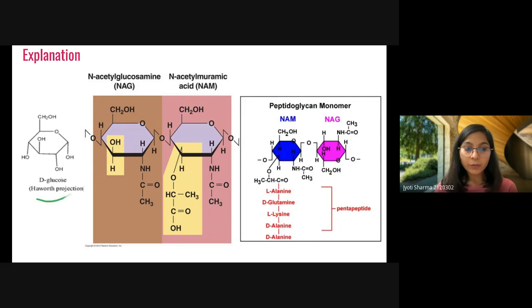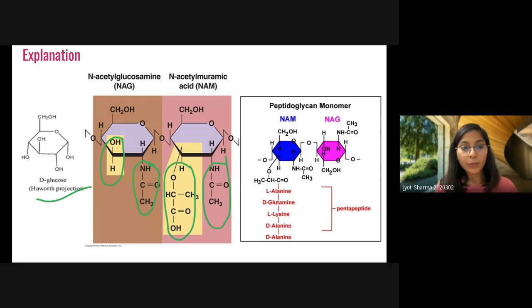So this was our glucose structure. Just see here, we changed this one, this one, this one, and this one.